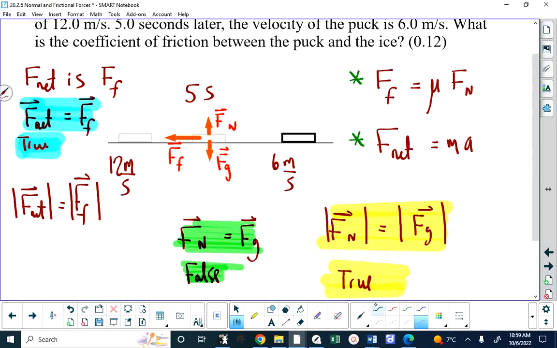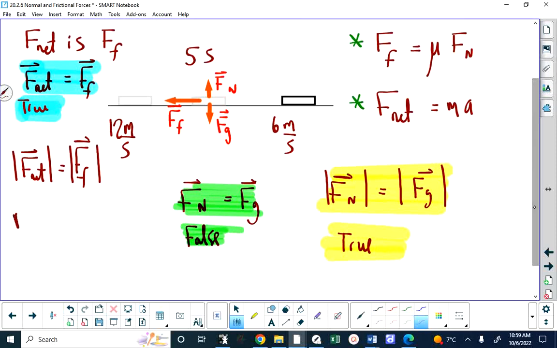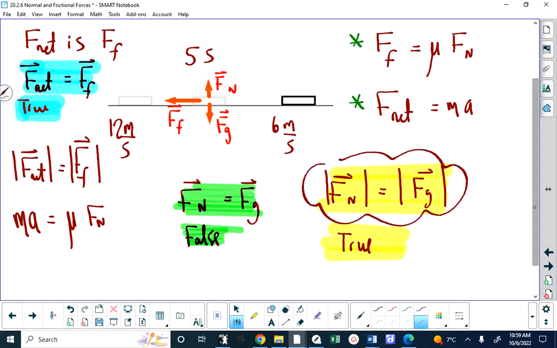Would you agree that's still true? Okay. Well, that means that ma, which is how we calculate net force, equals mu Fn, which is how we calculate force of friction. But the normal force is the force due to gravity.